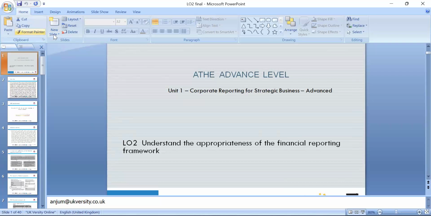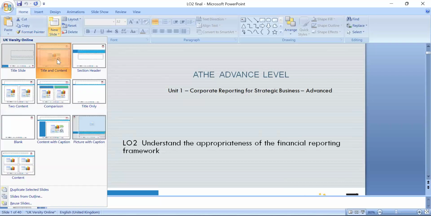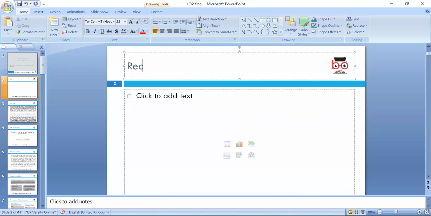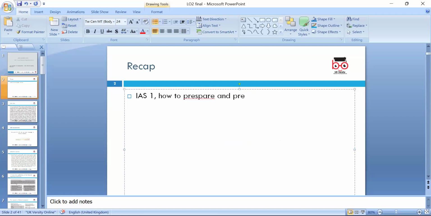So what we discussed during the last lesson, we'll do a bit of a recap. We discussed IAS 1, various standards, and how to prepare and present the financial statement.